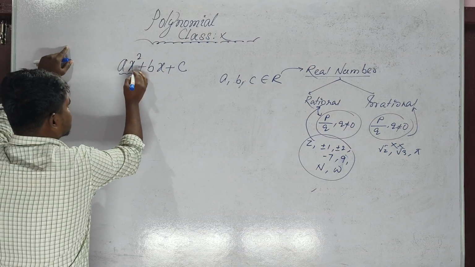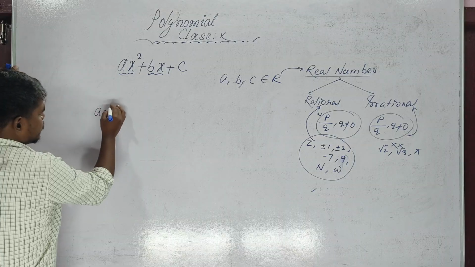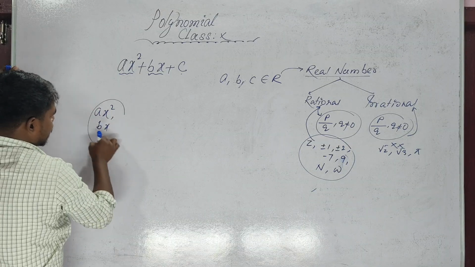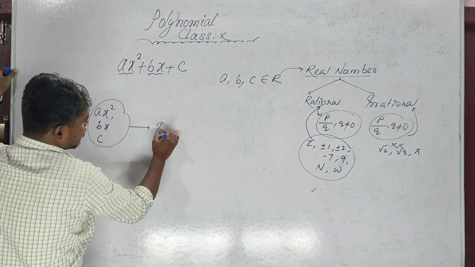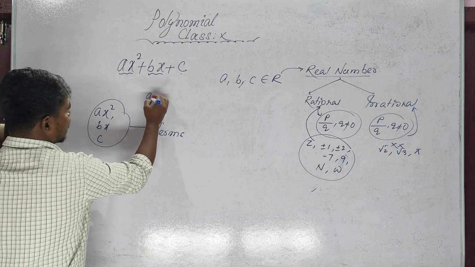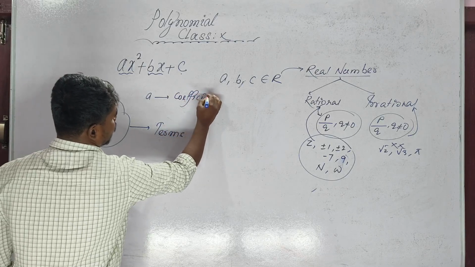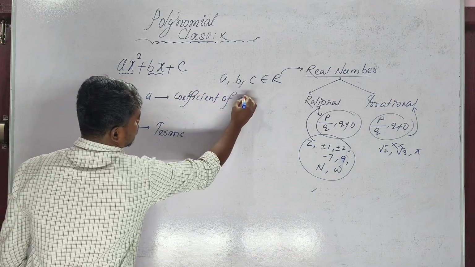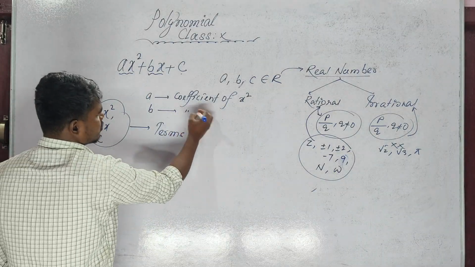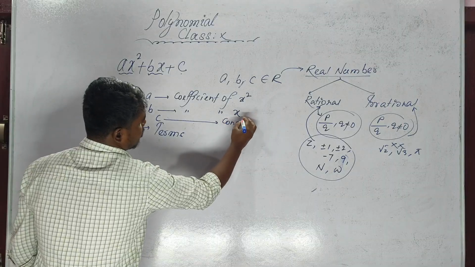Here ax square, bx and c are the terms. What? Terms. a is the coefficient of x square, b is the coefficient of x, and c is the constant term.